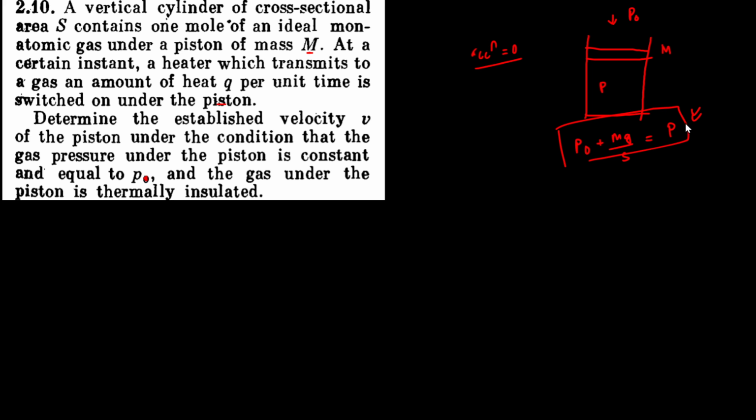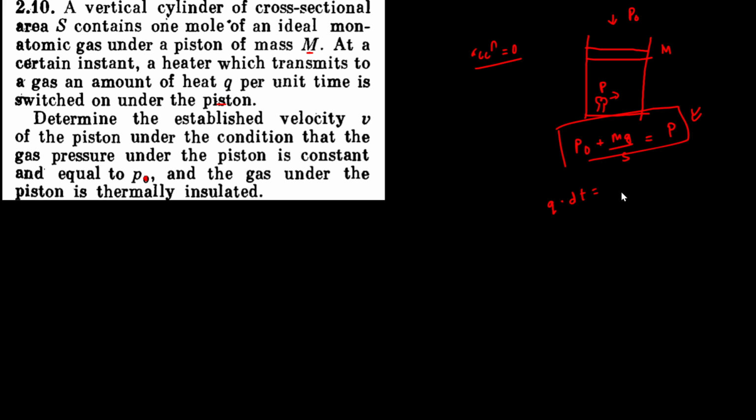The second thing we have said is that inside this cylinder there is a source of heat that is releasing an amount of Q joules per second. So let's assume for a time dt the heat given by this source is Q dt.